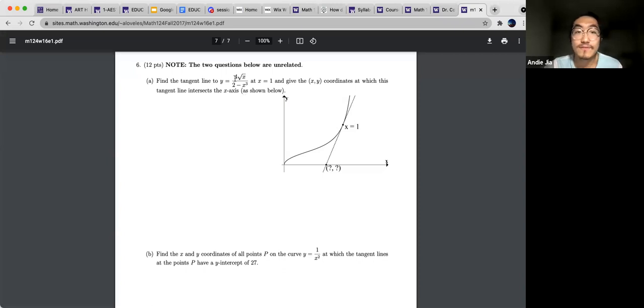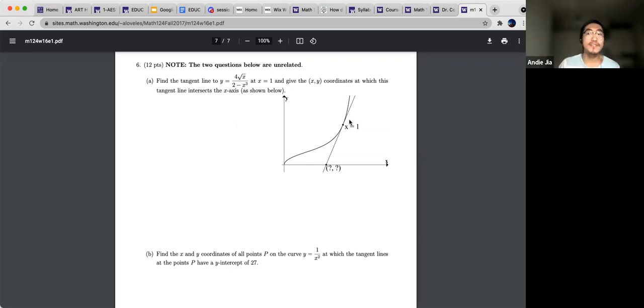For this, use the quotient rule and the power rule to find y prime. The notation for the tangent line is y equals f prime of a times x minus a, where a is a constant. For this one, the equation of the tangent line is y equals y prime of 1 times x minus 1, and y prime of 1 is the slope of the tangent line.